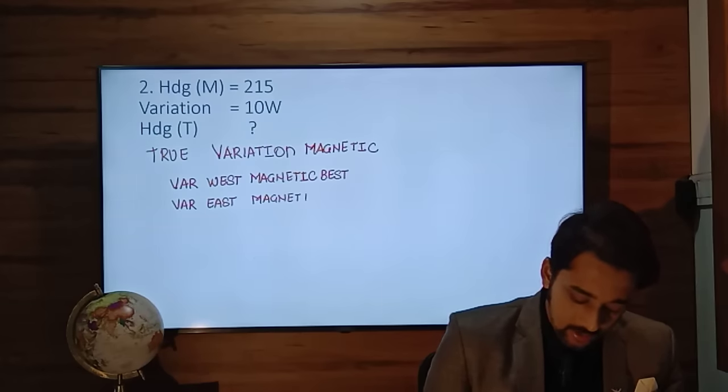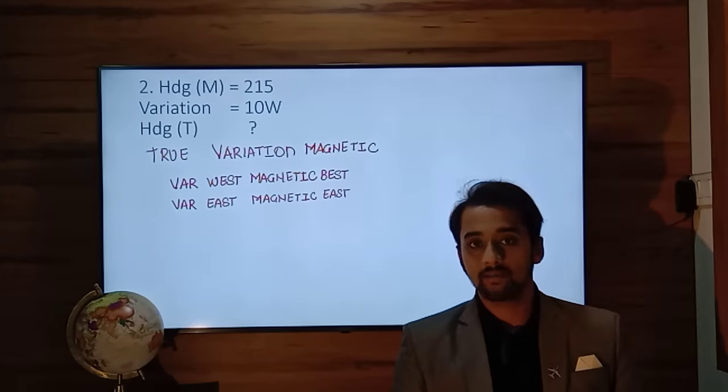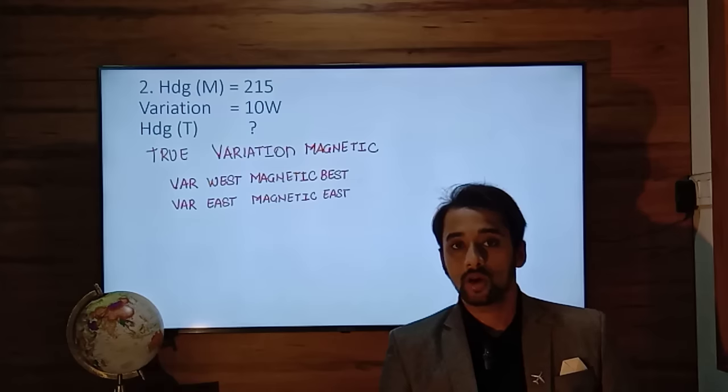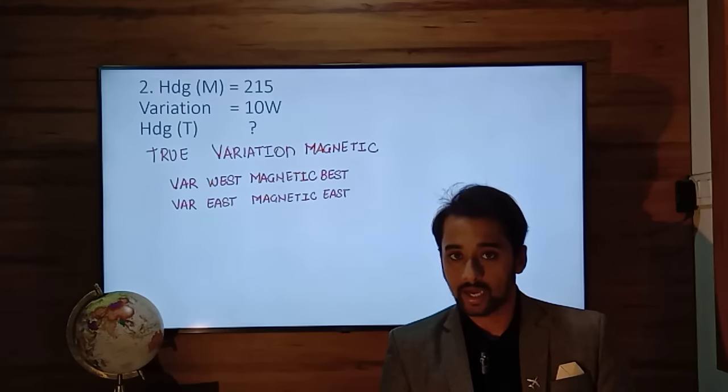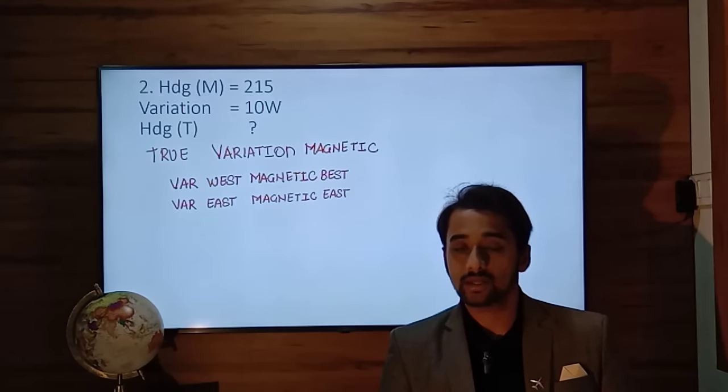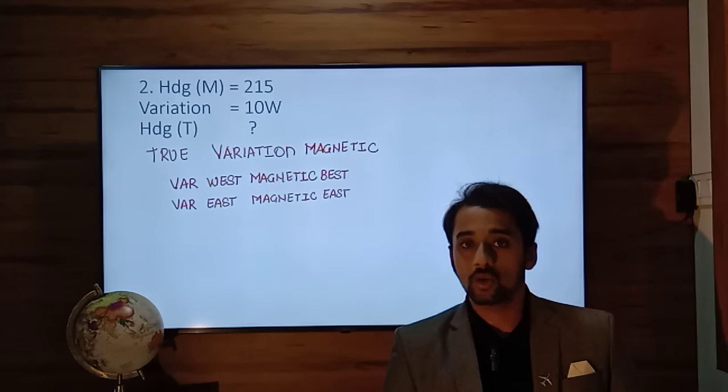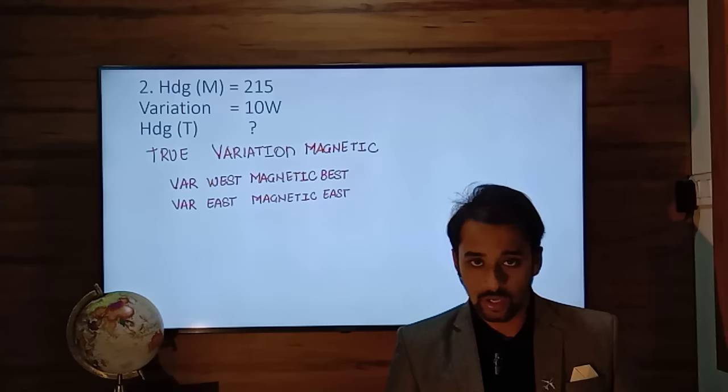Okay, this is the code that we have to remember. So variation west, magnetic best. That means with variation west, your magnetic direction will be more than your true direction. So you will add variation to your true direction to get magnetic direction. Variation east, magnetic least. That means to obtain magnetic direction, you will subtract variation from true direction.